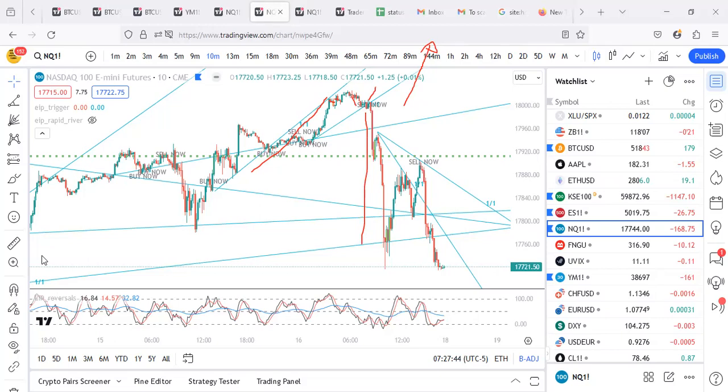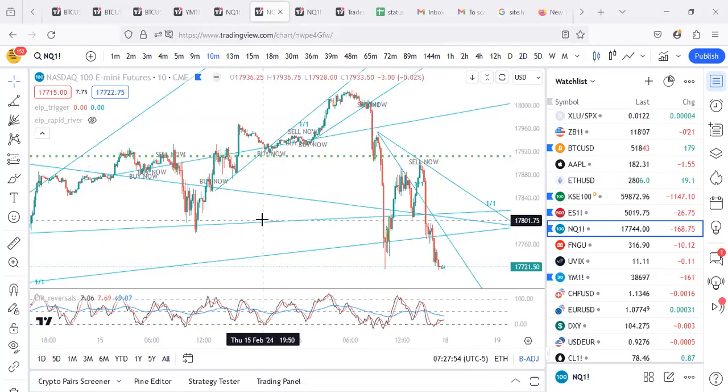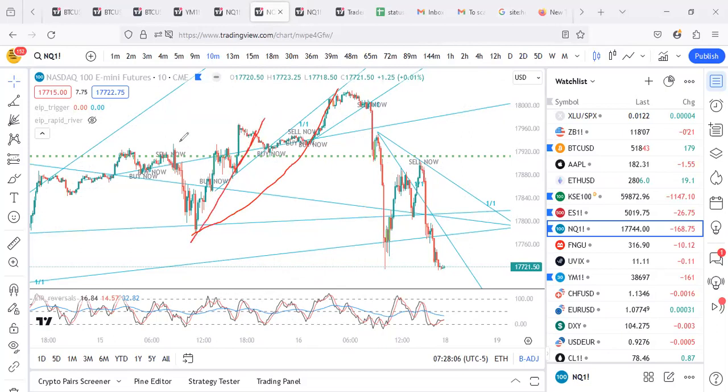So I put on these trend lines which I have made through a process. These are not normal trend lines that everybody else makes, like this, or like this.